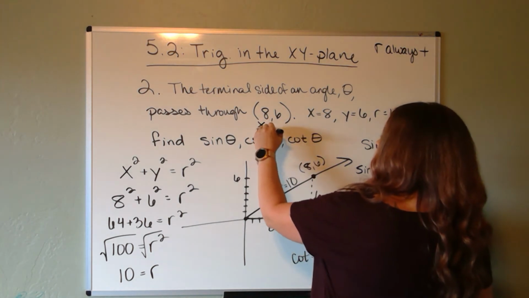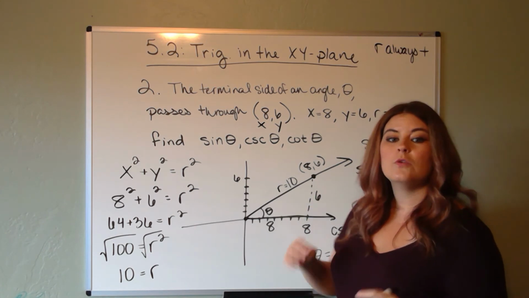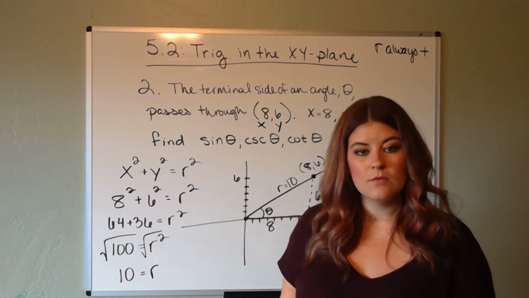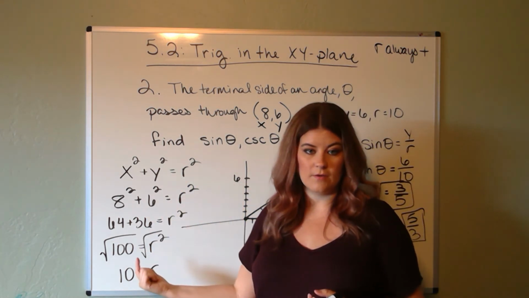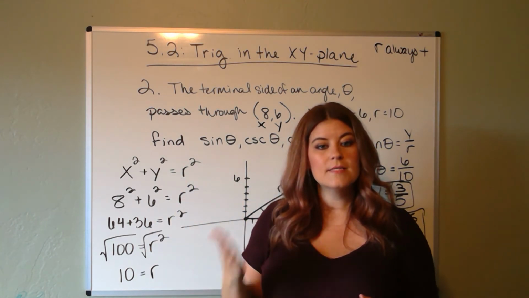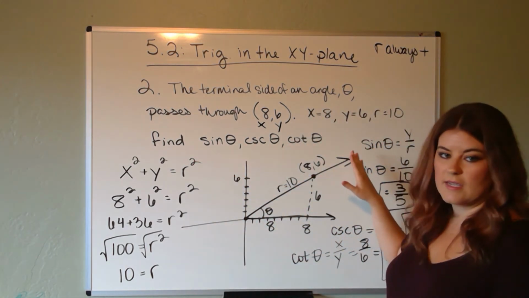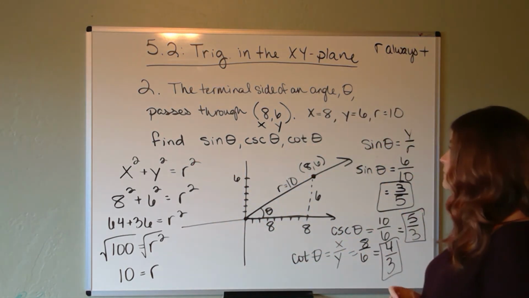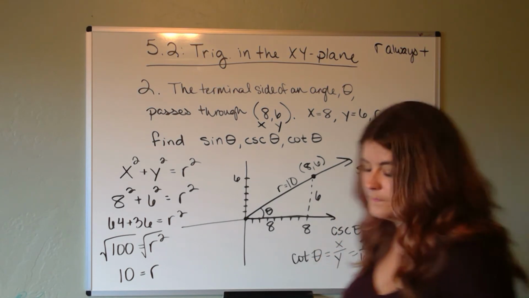This value will always be x, this value will always be y, and you will always use those x and y values to find r using the Pythagorean theorem. Once you have x, y, and r, you can find any trig function they ask for. So you'll do all these in the same type of way.